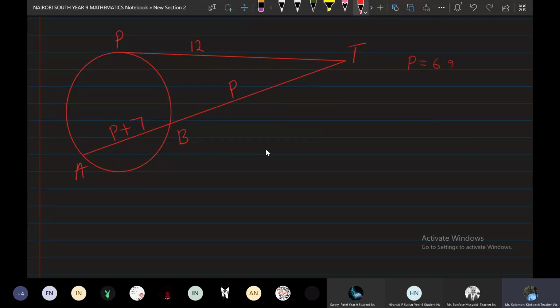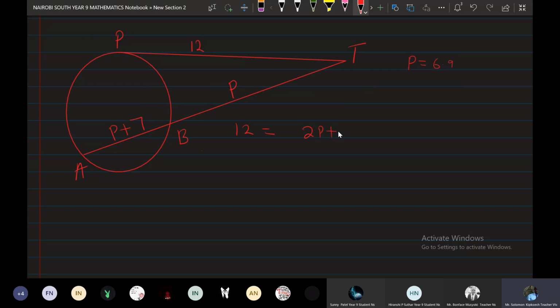Okay, quickly. I think this one is not going to give you an exact number, from the way I am seeing. But quickly, let's go through it. This is 12 equals the whole of this. The whole of this line is 2p plus 7.